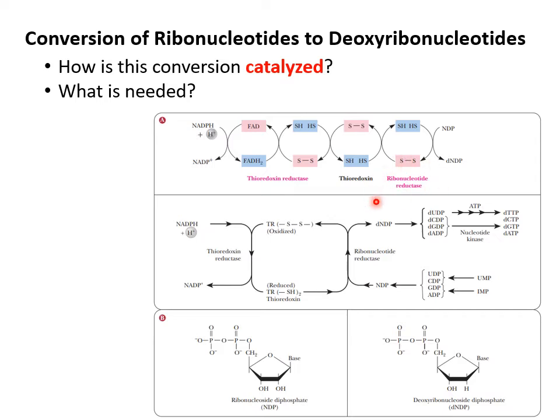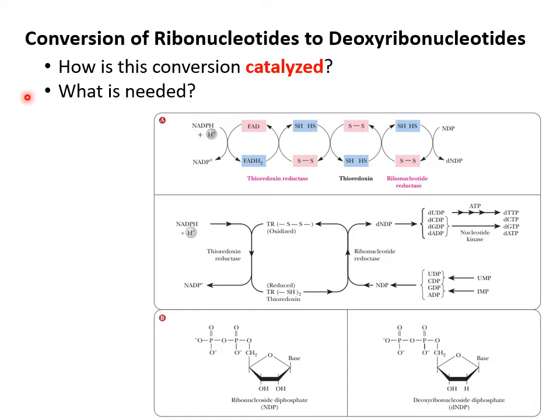But you can't have this process happen without the NADPH that you're seeing and the thioredoxin with the thioredoxin reductase enzyme. And ultimately, the thioredoxin and the thioredoxin reductase are going to be basically part of the electron carriers and the intermediates in this process.